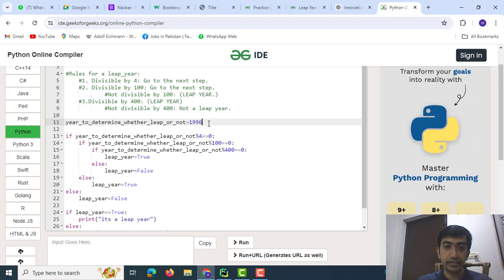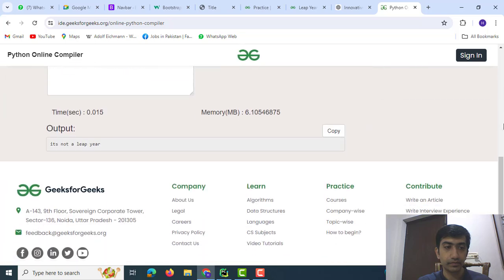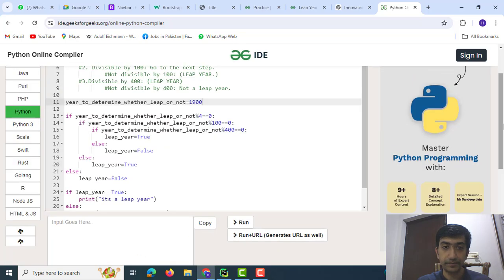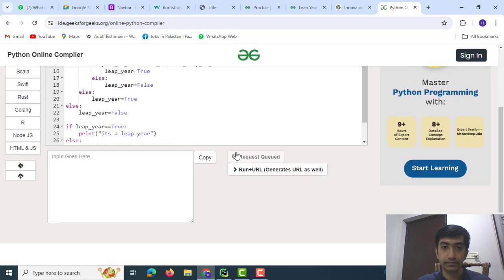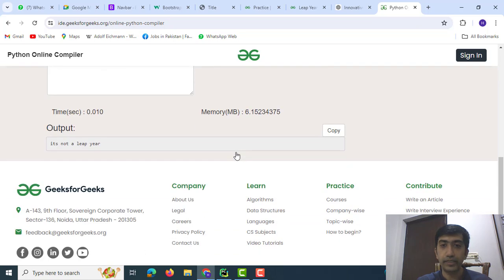If I change the year to 1900, it's not a leap year. And if I change the year to say 2015, it's not a leap year.